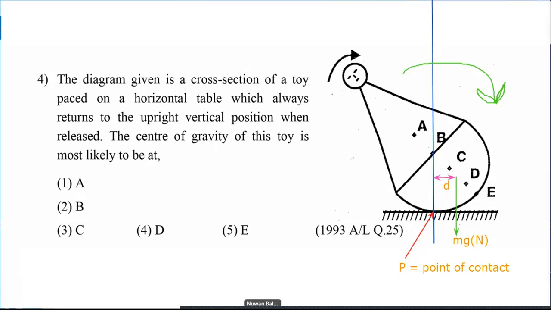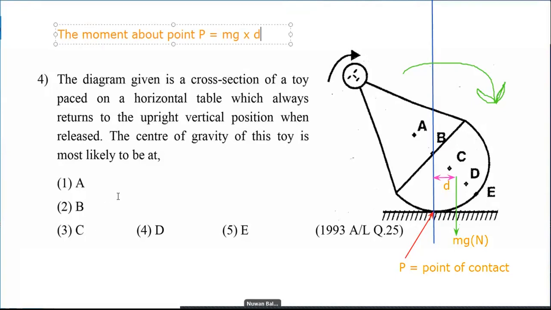Then what is the moment? The moment about point P equals force, which is mg, times the perpendicular distance, simply d. Am I right here? Yes, sir.